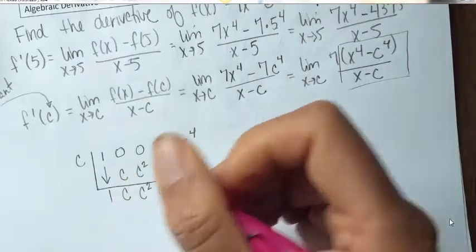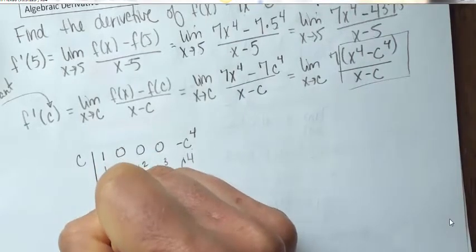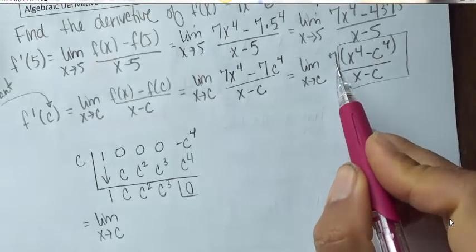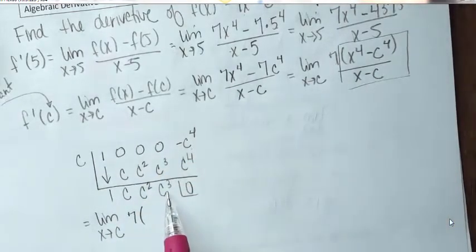Okay, so at this point, what I'm left with is the limit as x approaches c. Well, I still have a 7 here. So it's going to be 7 times, okay, now this is going to be my constant, right? And then this is going to be x to the 1st power, x to the 2nd power, x to the 3rd power.